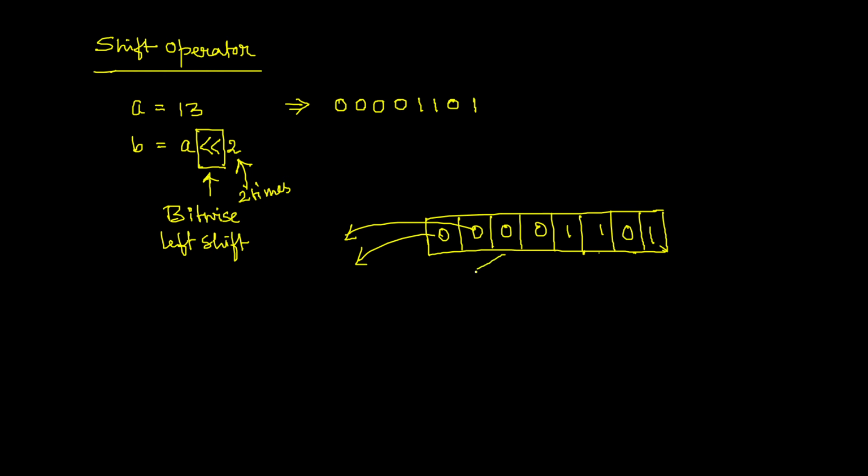This 0 will be shifted over here in the two left positions. Similarly, this 1 will come now in this place, then this 1 will come in this place, then this 0 will come in this place, and this 1 will come in this place. Now, who will fill up these two places? This will be filled up by 0.